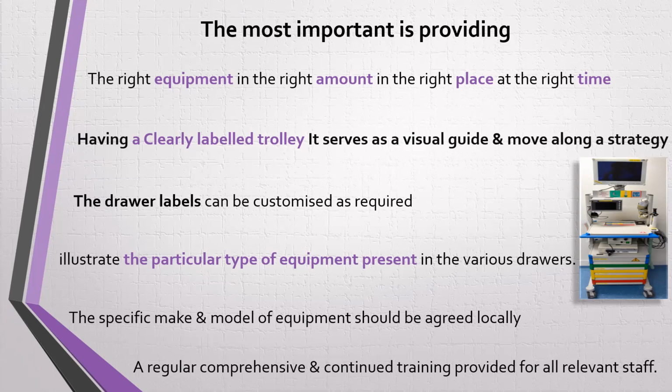You can add not only labeling of the drawers but also color coding to make visual stimuli for the airway provider. The drawers of the trolley should be labeled and can be customized as required.